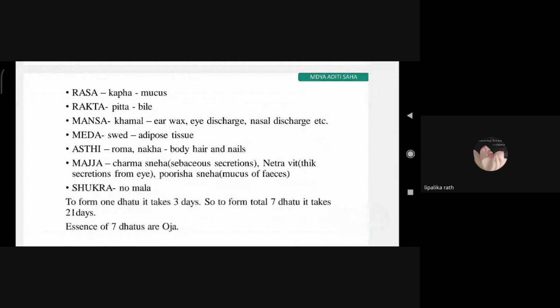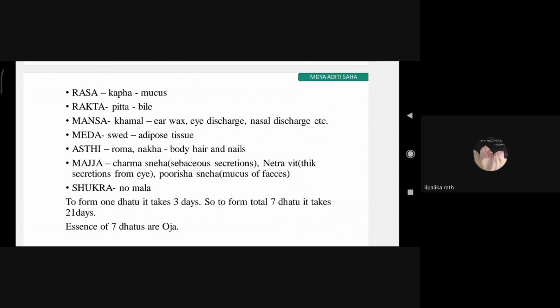Sometimes we can see that excess mucus is produced by our body, right? Excess mucus during winter seasons means rasa is not produced well, or rakta is not produced well. That is why the waste product is more.